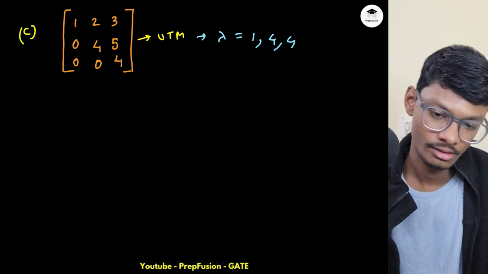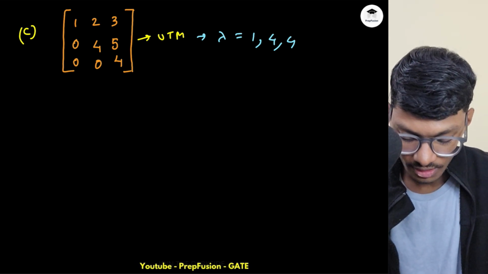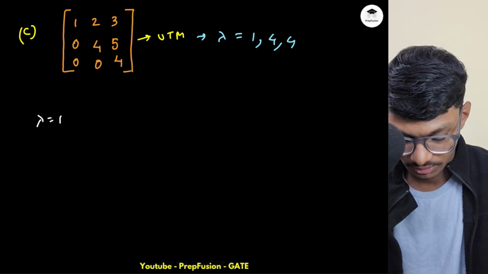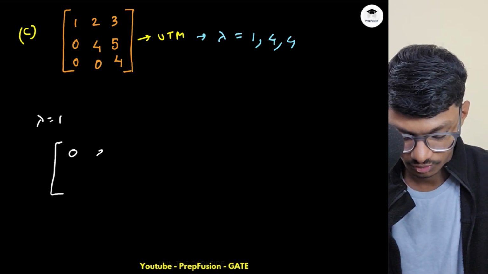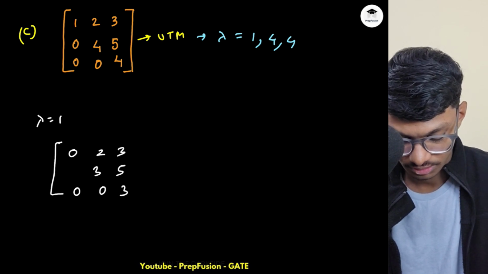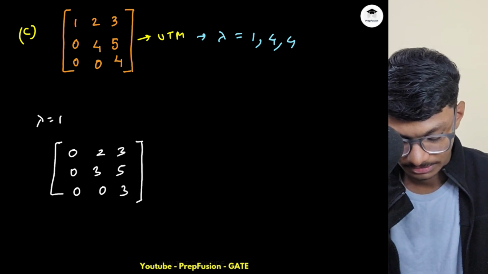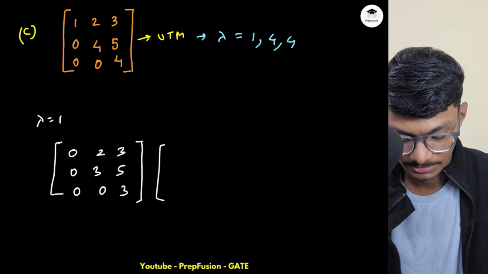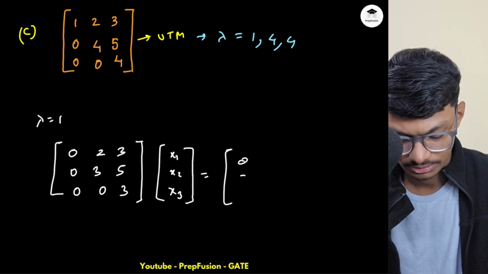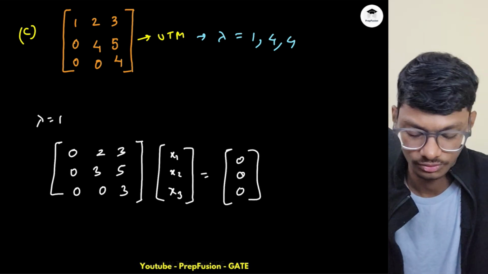So what will be the eigenvectors? First I will do lambda equals 1. So for lambda equals 1, A minus lambda I is 0 2 3, 3 5 0, 3 0 0, times x1 x2 x3 equals 0 0 0.